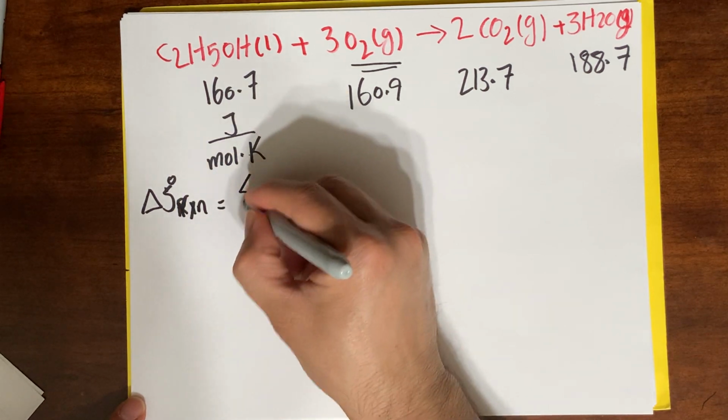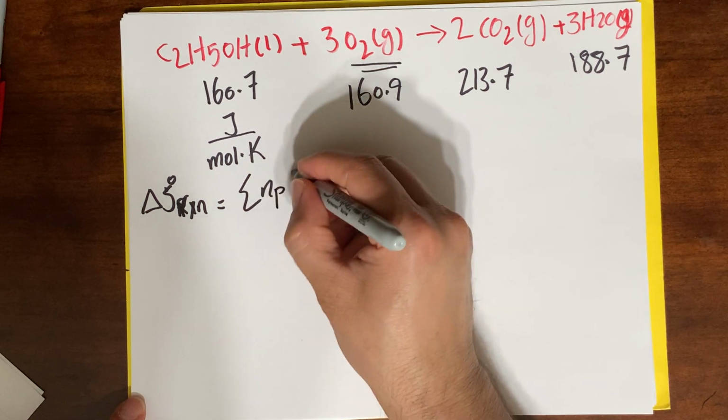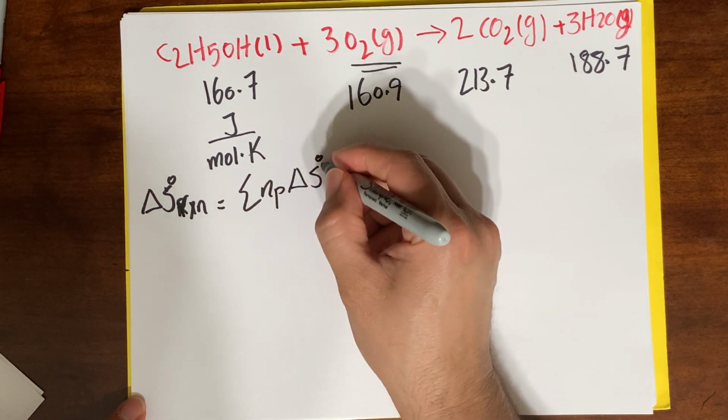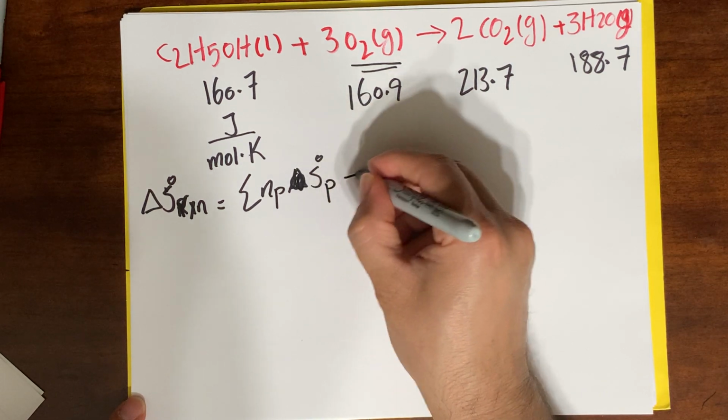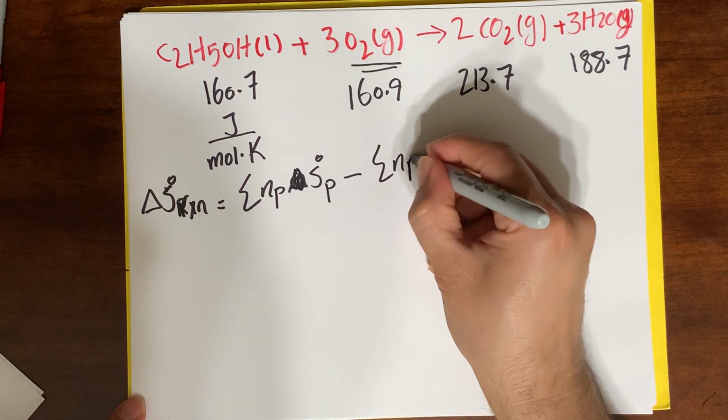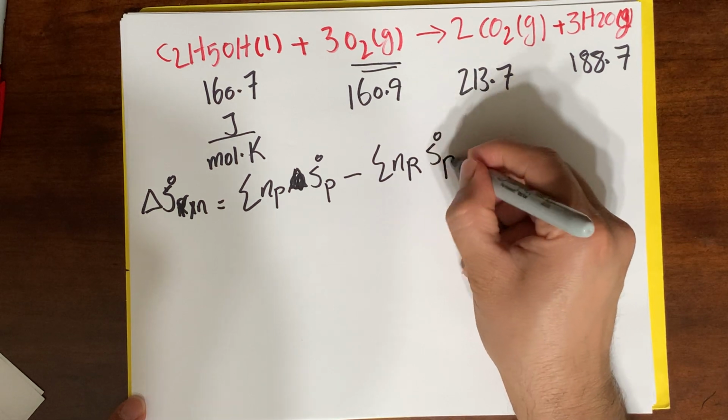So delta S for the reaction is going to be number of moles of product multiplied by S of product, minus number of moles of reactant multiplied by S of reactant.